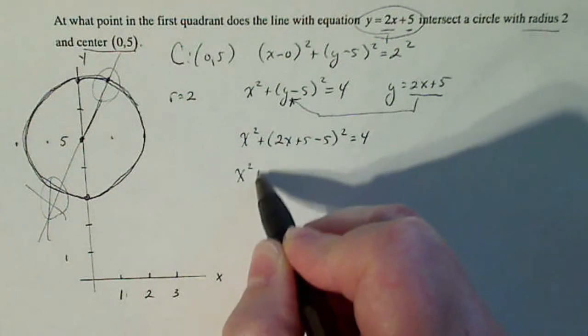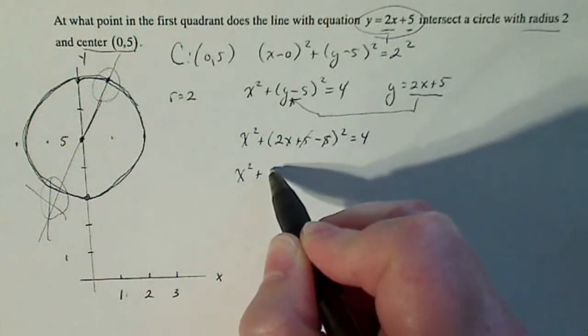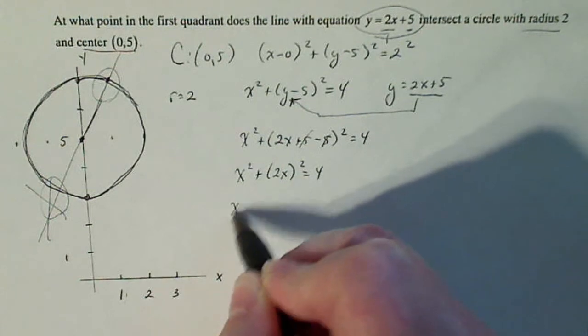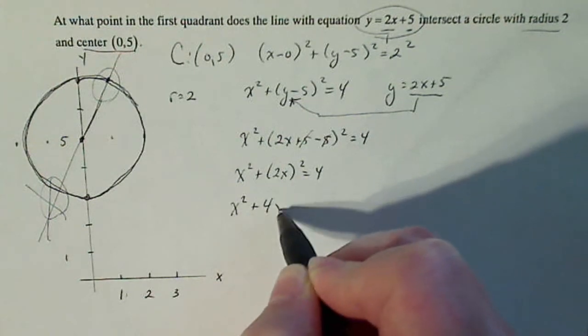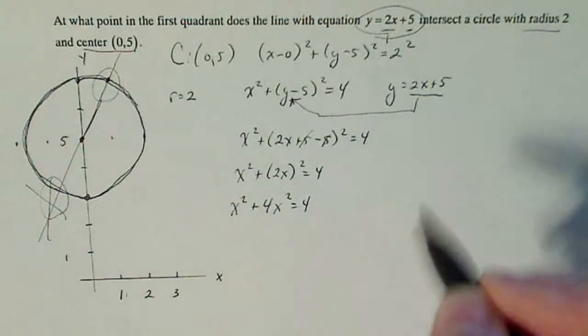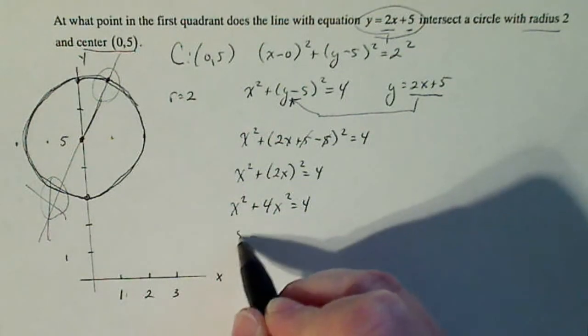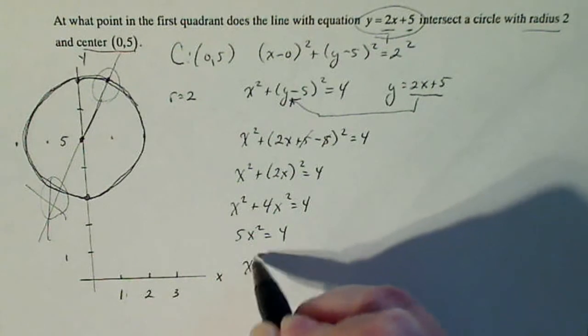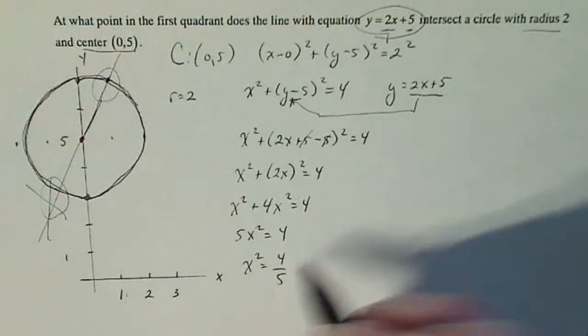So x squared plus, now those 5's cancel, that's nice, (2x) squared equals 4. x squared plus 4x squared equals 4. If I combine like terms, I get 5x squared equals 4. Solve for x squared: x squared equals 4 over 5.